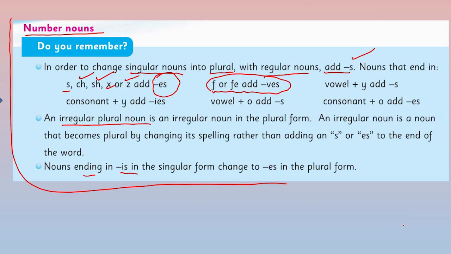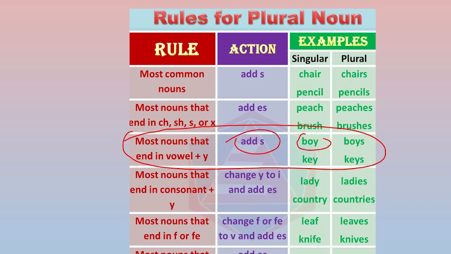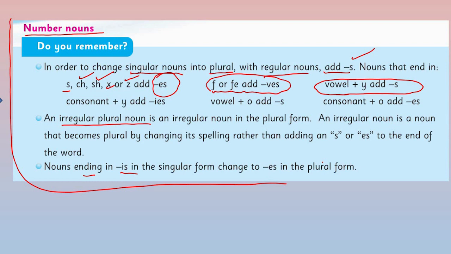Look at this one here. Vowel plus y, we add s to make it plural. Look at here. Most nouns that end in vowel plus y, we add s to make it plural, like boy, boys, key, keys. Now look at this one here. Consonant plus y, we add ies.